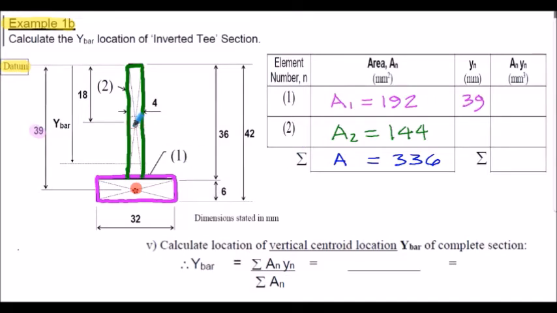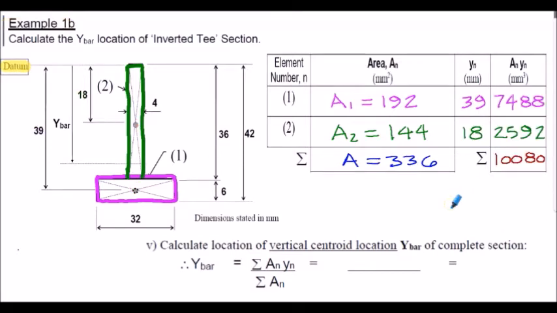The centroid location of element number 2 from the datum at the top of the section will be 18 millimeters, in other words, half of the 36 millimeters depth of section 2. We can then evaluate the first area moments as we did before. It's simply the area of element 1 multiplied by the y dimension for element 1, so 7,488.